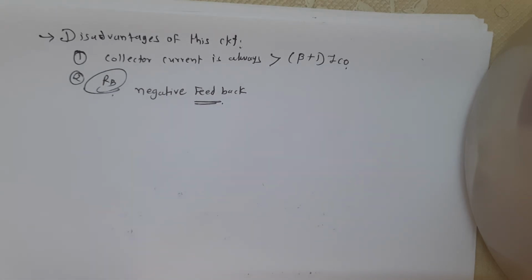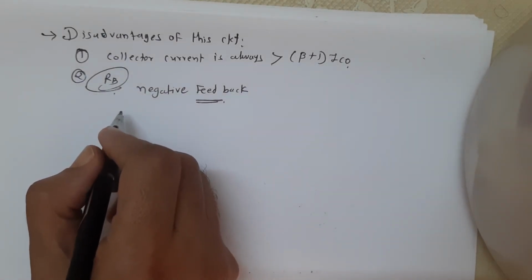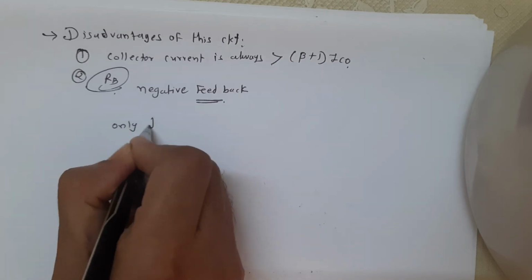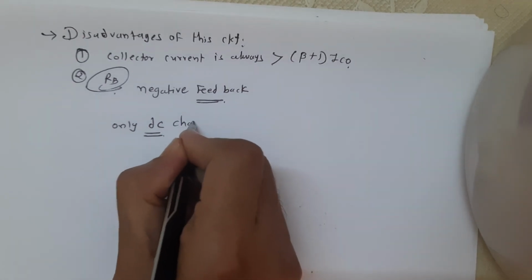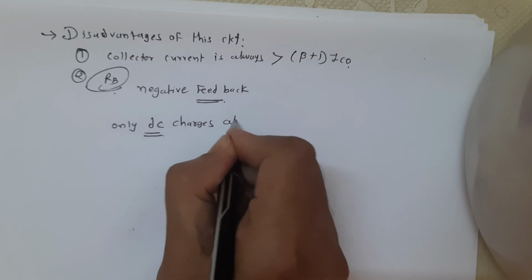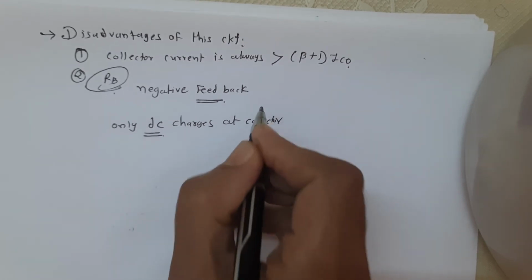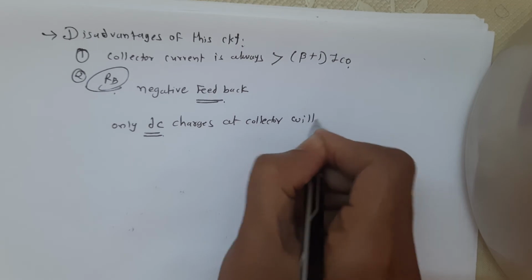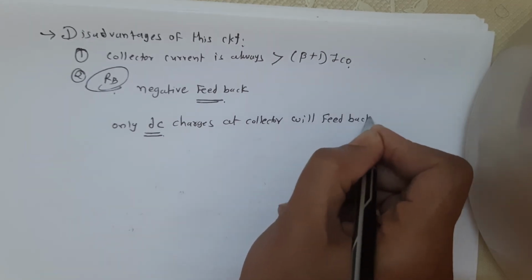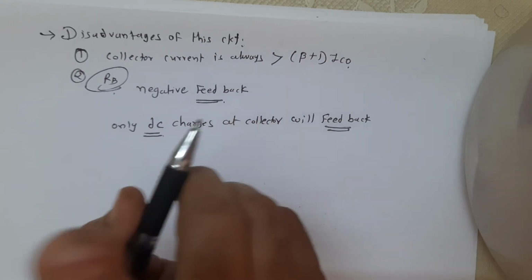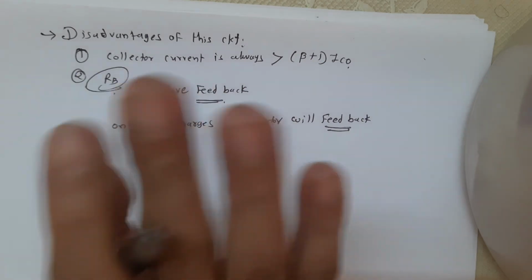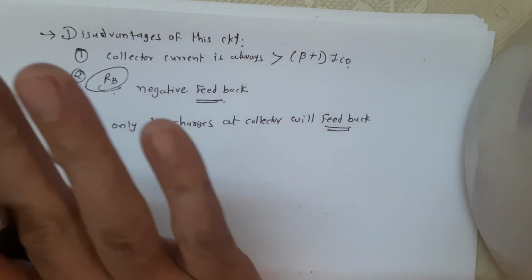Now, to avoid the negative feedback, or the reduction in gain, the circuit is arranged so that only the DC component at the collector will be fed back. Because AC has phase, in phase or out of phase, but DC has no phase, so if it is fed back, there is no problem.